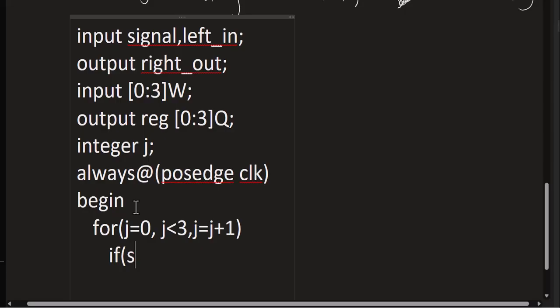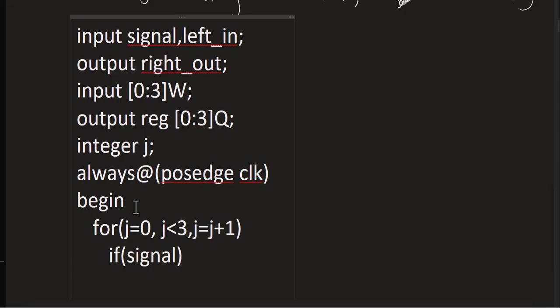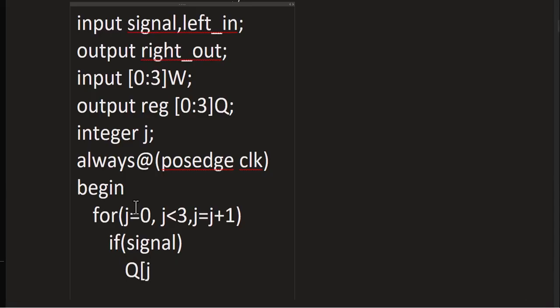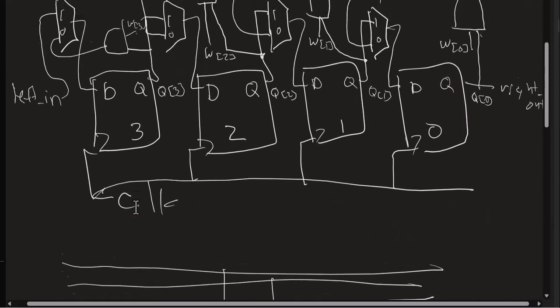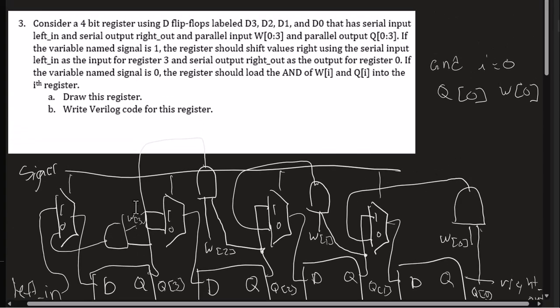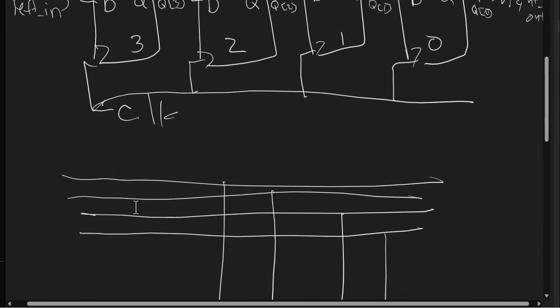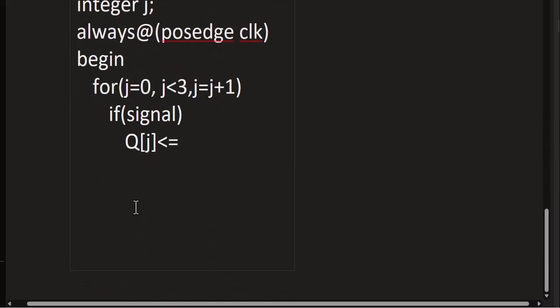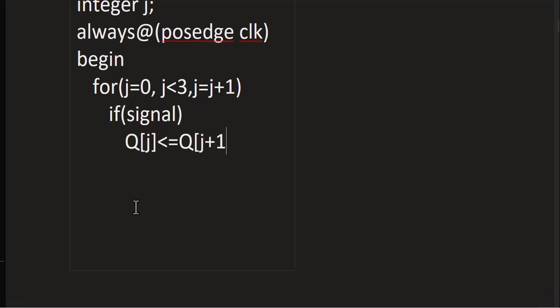If signal, Qj becomes equal to, what did we do if it was 1? It shifted values right. Qj equals Qj plus 1.